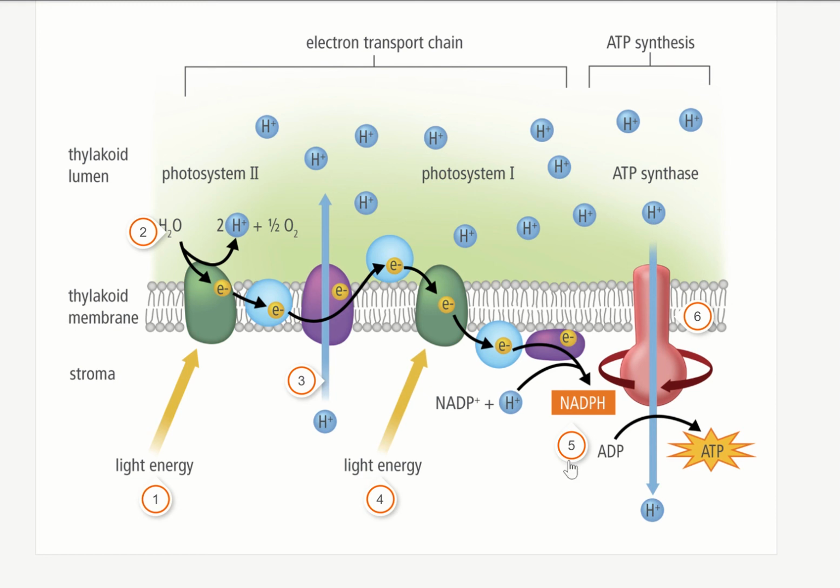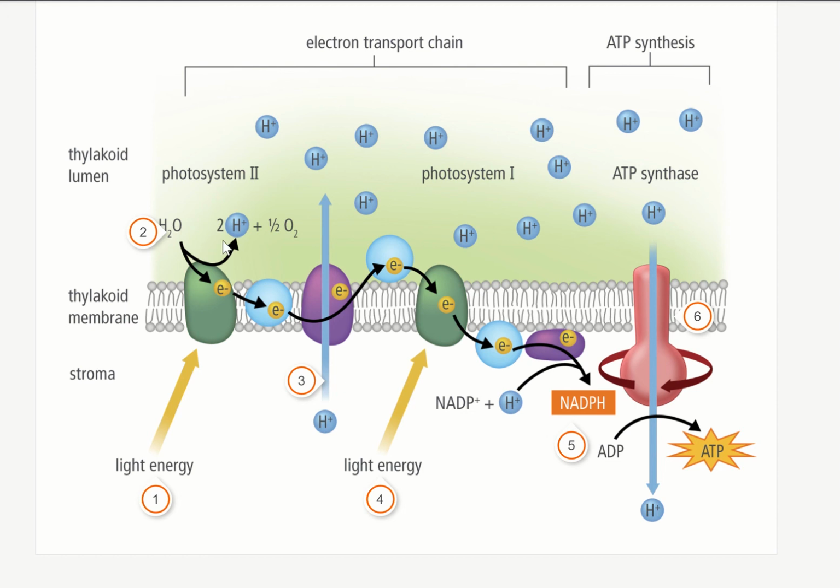And what's going to happen is ADP is going to turn into ATP right here. So for every water molecule that comes in here, we're going to be able to create some ATP. Also, as this electron travels through, NADP plus is going to pick up that electron and turn into NADPH.